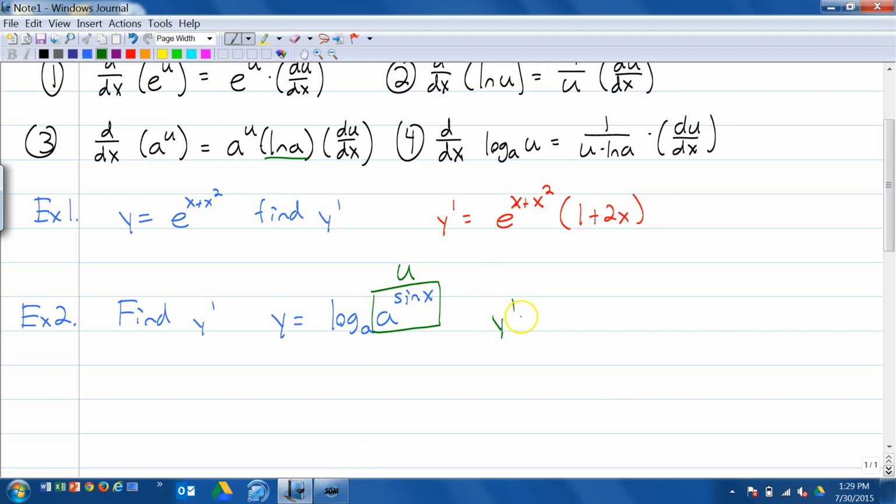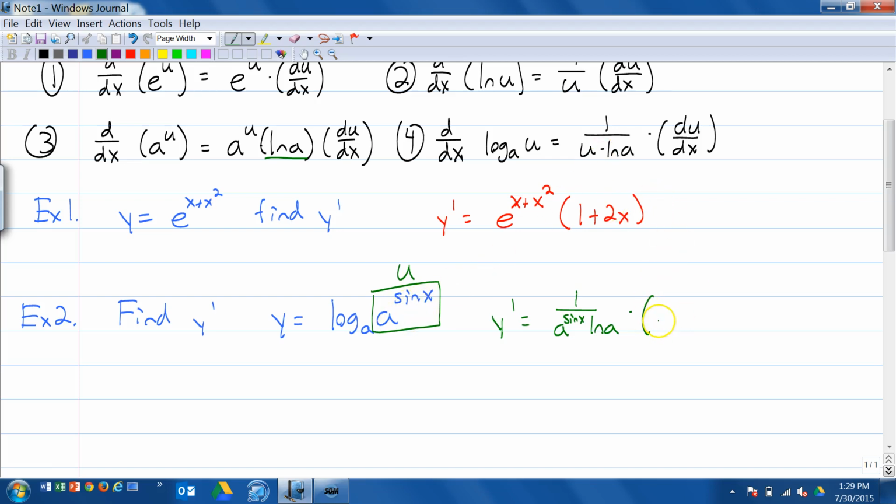So y prime is equal to, here's the log, it's number 4, it's 1 over u, is sine of x. Nope, that's a lie. My u is the whole thing of a to the sine of x times the natural log of a, which is just a, okay, and then times the derivative of a to the sine of x.